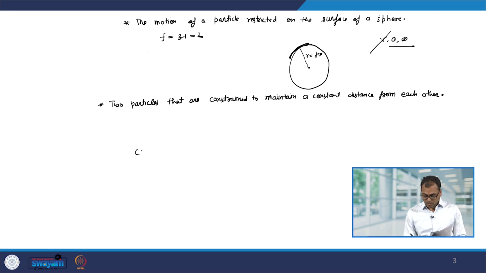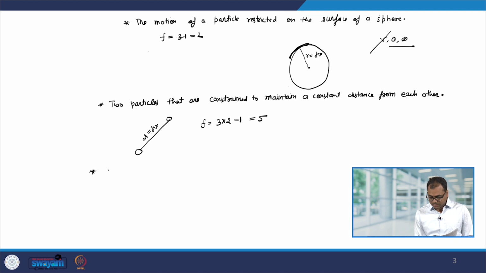So, for example, this is one particle, this is another particle, and in between the distance is fixed. In this case the degree of freedom f will be 3 into 2 for two particles minus one constraint. So, it will be 5. Now, let us look at a rigid body.